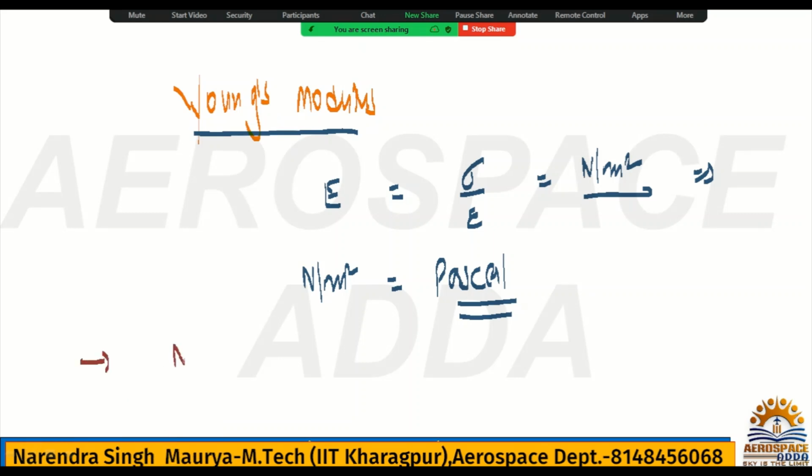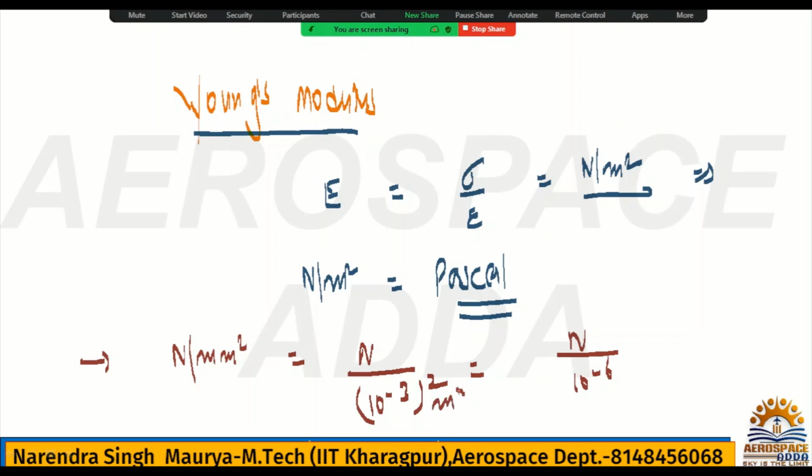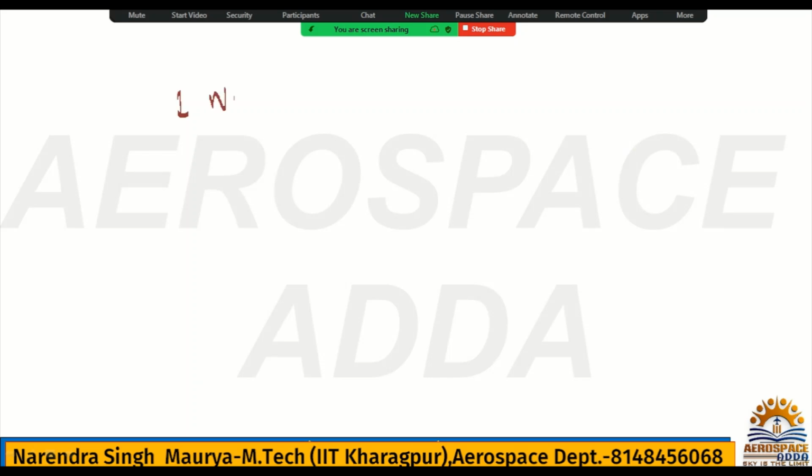If we have a Newton per mm square, what is that? In 1 millimeter, how many meters? 10 to power minus 3, and since it is mm square, it's a square. So it's Newton divided by 10 to power minus 6 meter square. You can say Newton per meter square into 10 to power 6. The meaning is 1 Newton per mm square is equal to 10 to power 6 Newton per meter square. 10 to power 6 is mega, and Newton per meter square is Pascal.